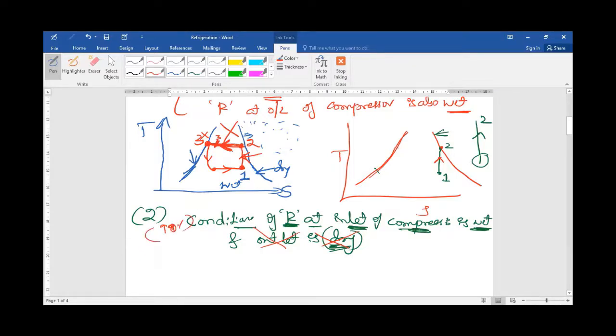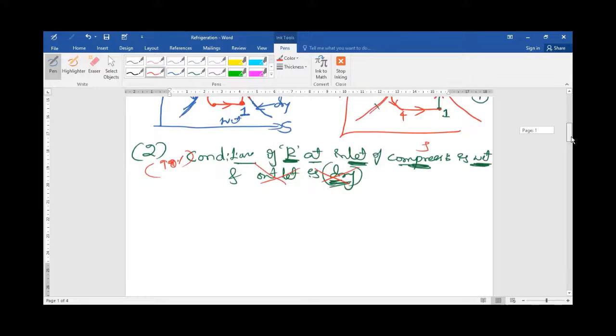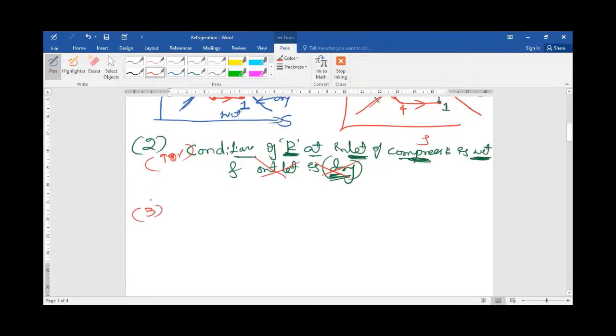Okay, next, remaining process is same. There is no change in the remaining process. Try to draw the same diagram of the remaining processes: 1 to 2, 2 to 3, 3 to 4, like this. Okay, now I will make one more condition. Case number 3. What is the condition I will draw?